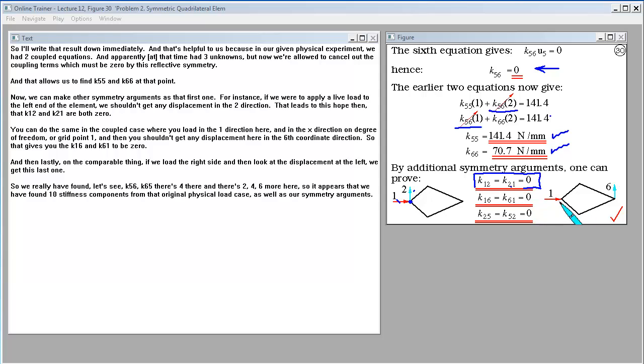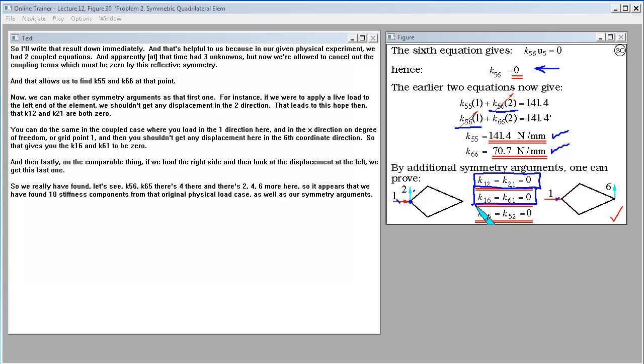You can do the same in the coupled case where you load in the 1 direction here and in the x direction on degree of freedom or grid point 1, and then you shouldn't get any displacement here in the 6th coordinate direction, so that gives you the K16 and K61 to be 0.